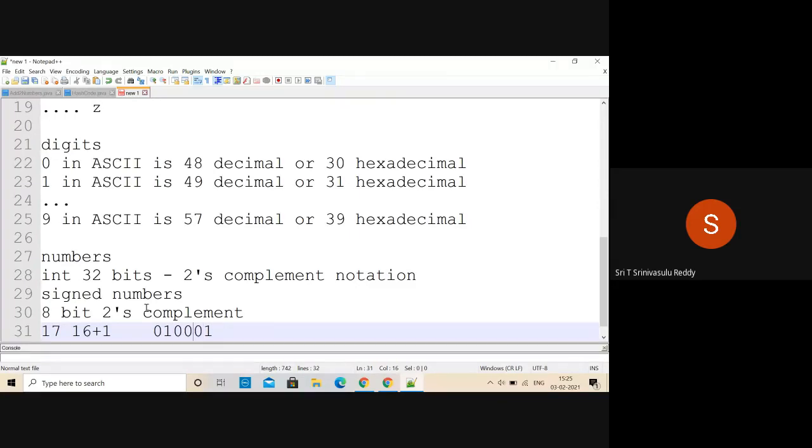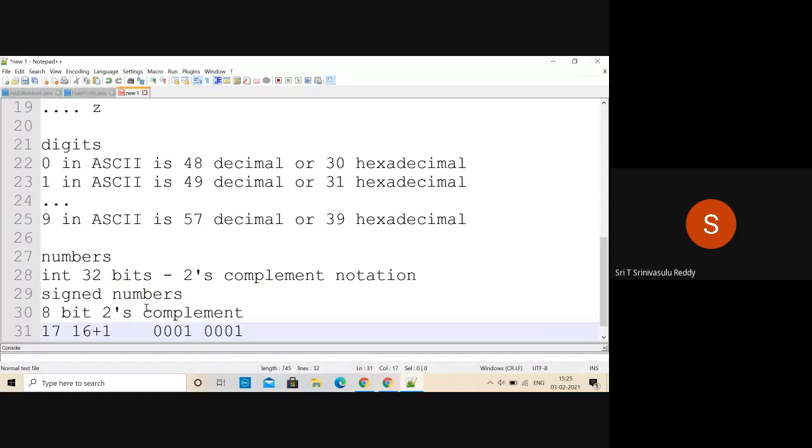So this is the actual number. How many bits have we used? 6 bits so far. Another 2 more bits you require, so 0 and 0. Just for clarity, let us group 4 bits each so that we can easily understand. Internally, there won't be any space.